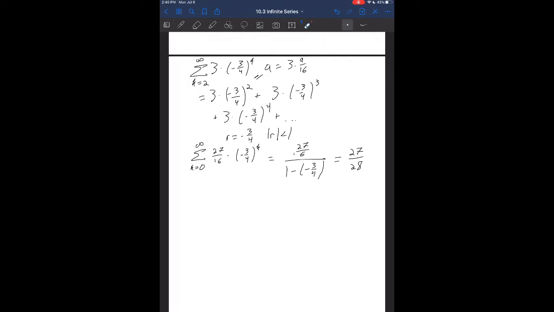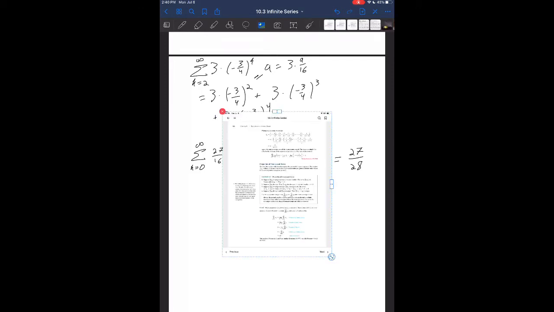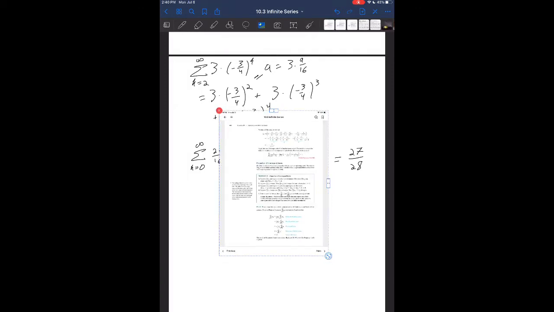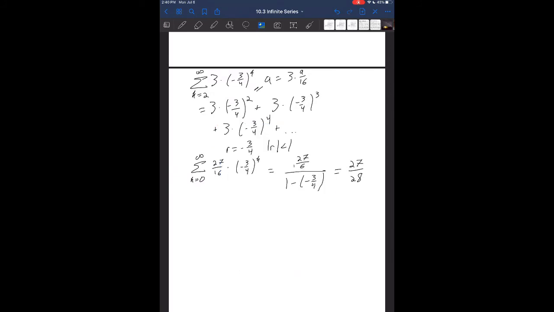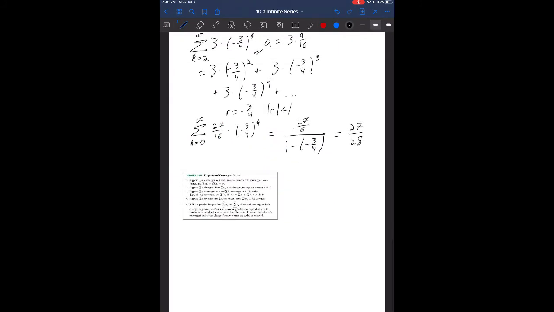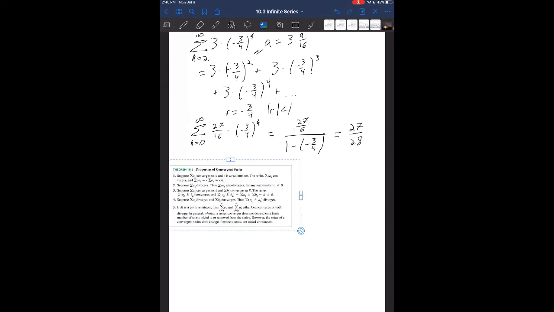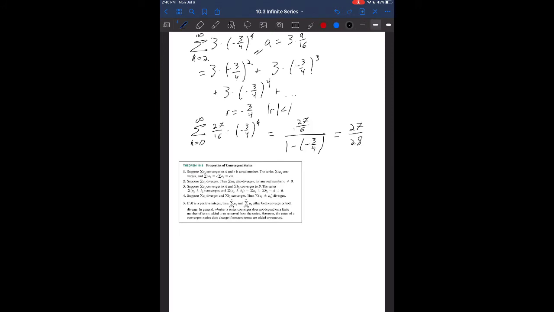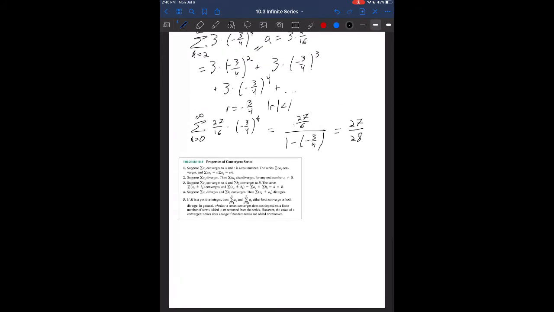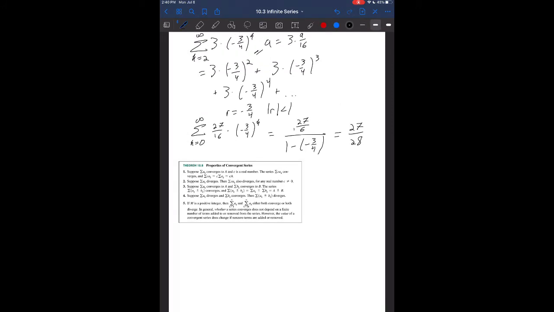And then if we have something that looks remotely like we might be able to use infinite series on it, we can normally split it up in a way that we should be able to. So the set of rules that we have is going to be this, properties of convergent series from the textbook, so theorem 10.8.